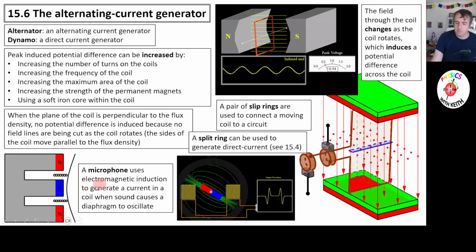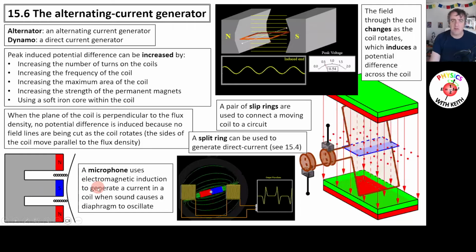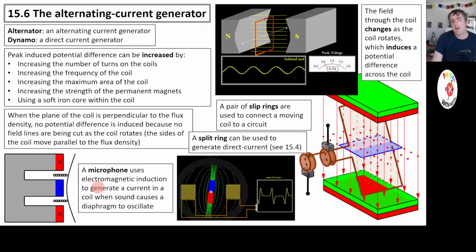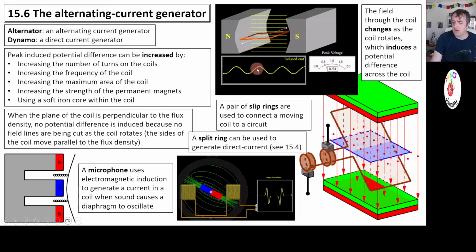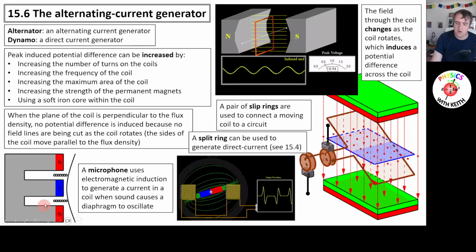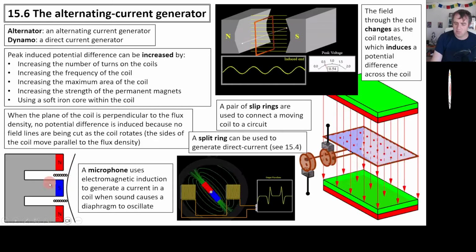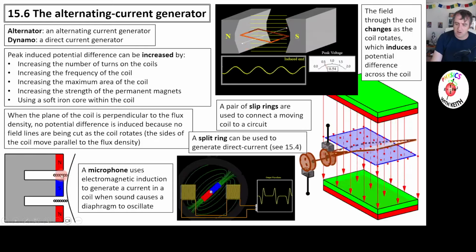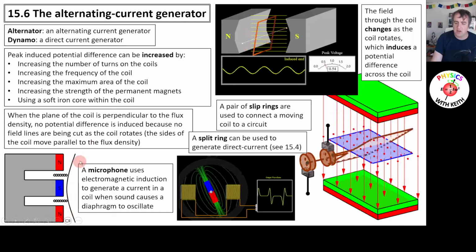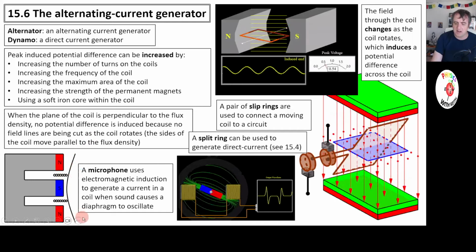What about a microphone? Well, a microphone is a generator as well, except unlike these where we're rotating our coils, here the coil just shifts backwards and forwards through a magnetic field which is produced by a permanent magnet. And the coil is attached to a diaphragm, a very lightweight card or paper diaphragm.